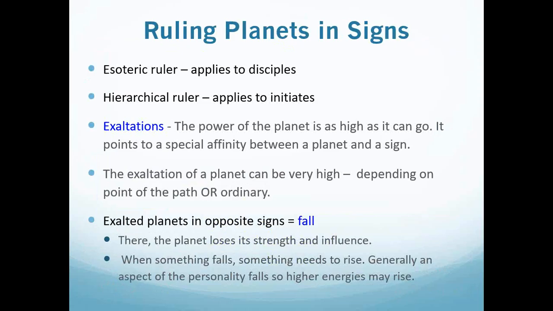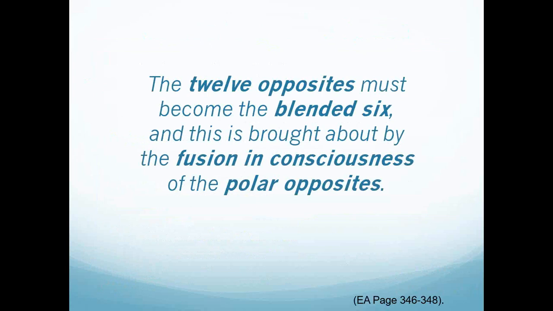Okay, I think we're almost done here. Yes, the 12 opposites must become the blended 6. So Capricorn is opposite Cancer, and how do we blend the two? And the same thing goes for all the signs in the zodiac. And this is brought about by the fusion in consciousness of the polar opposites.